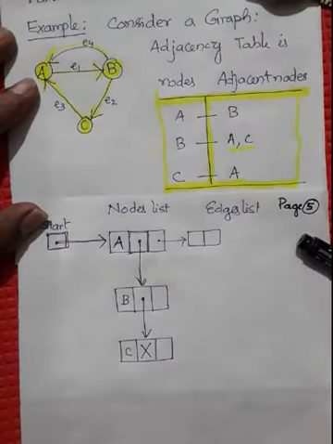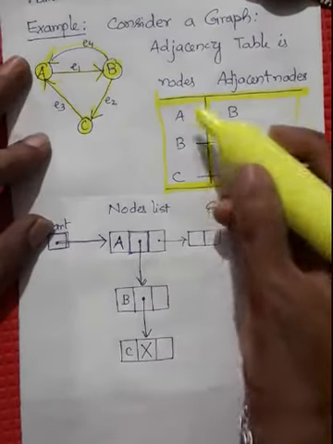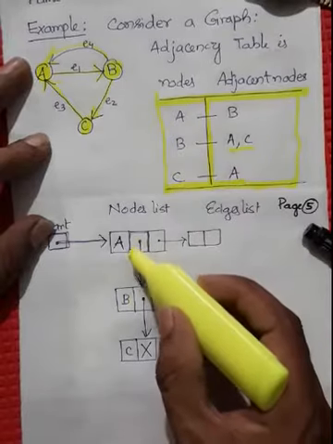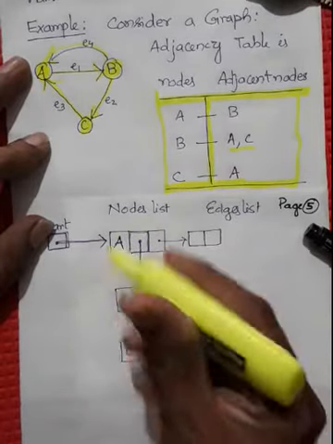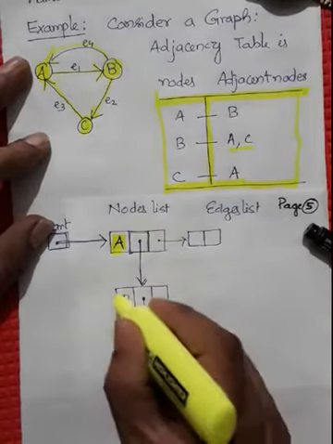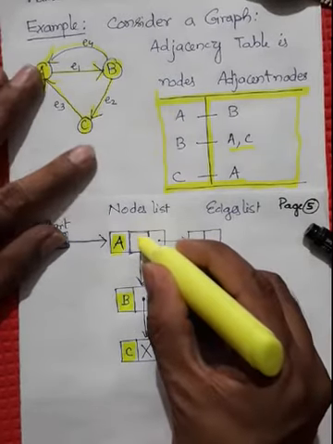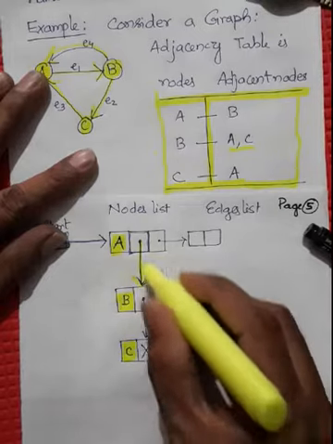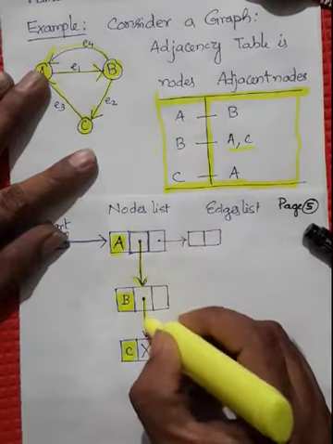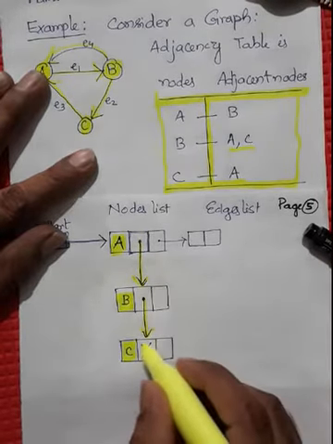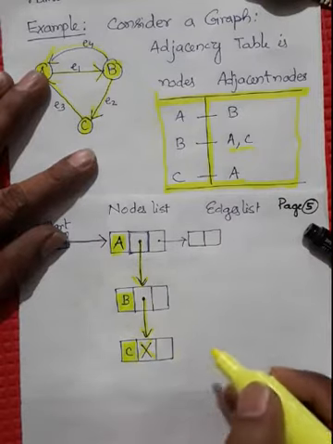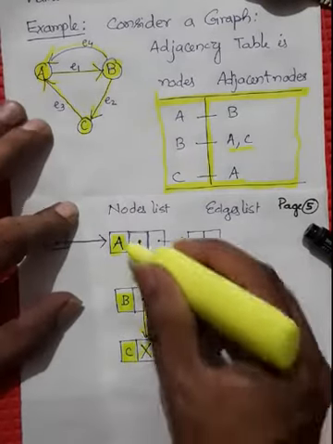So I have created 3 nodes: node A, node B and node C. The node A points to B, B points to C, and C is not pointing anywhere, so it is null. So all the nodes are listed.